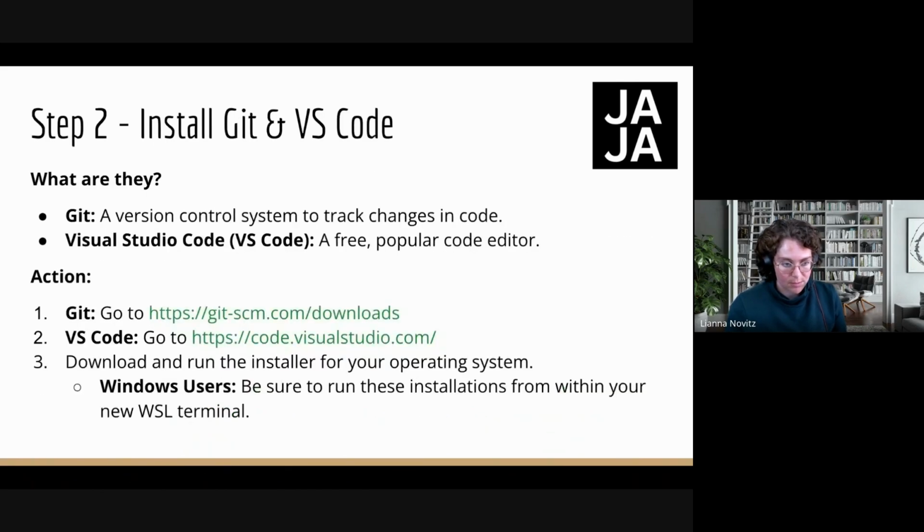And the next step is to install Git and Visual Studio Code. So this is for everybody. So that is Git. And then once that is done, make sure you install Visual Studio Code, which is right there.